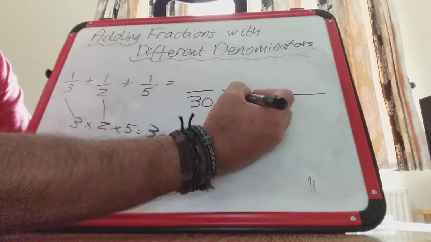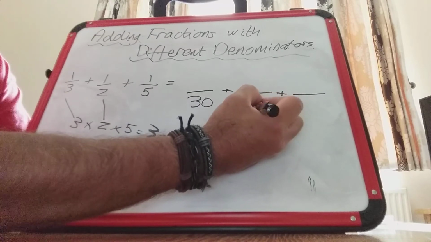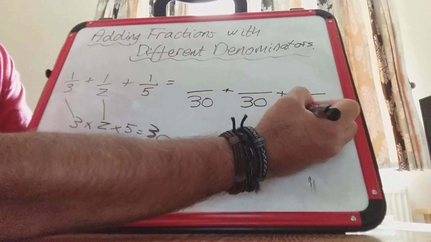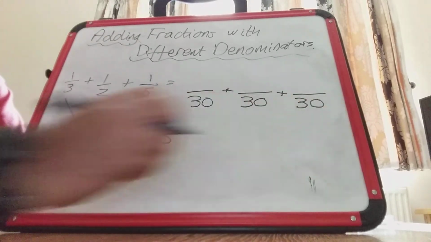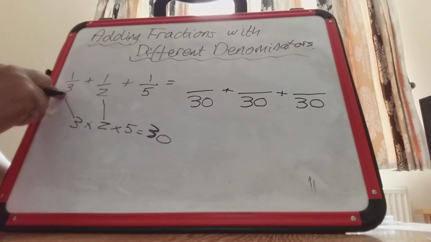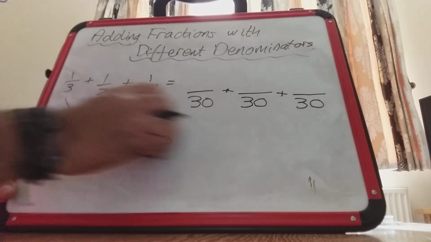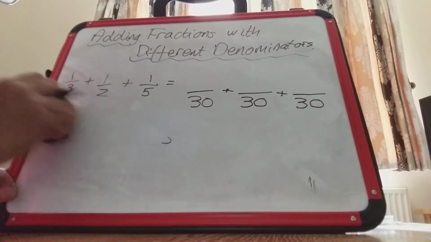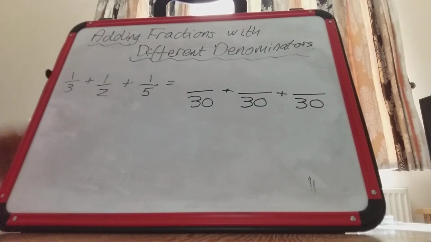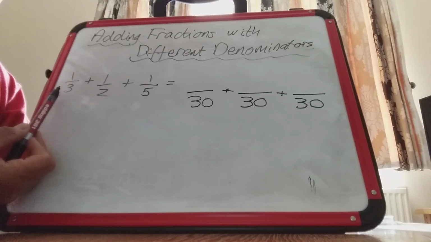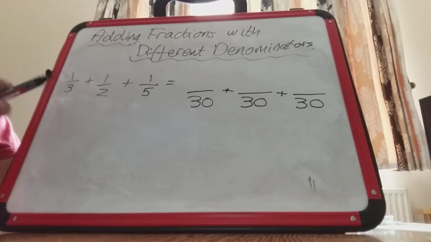Okay, so each one of these fractions is now going to be 30ths instead of thirds and halves and fifths. Okay, so the next step, once you've worked that out, is to then decide on the equivalent fractions.